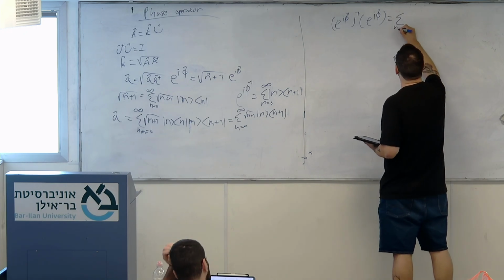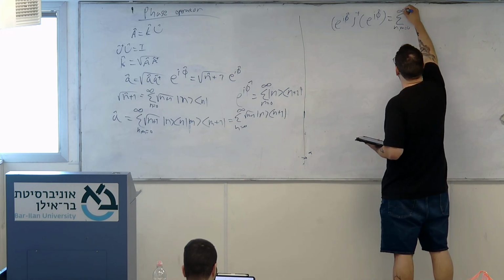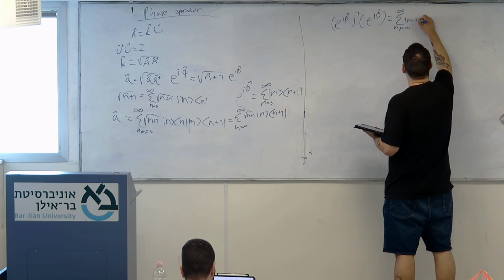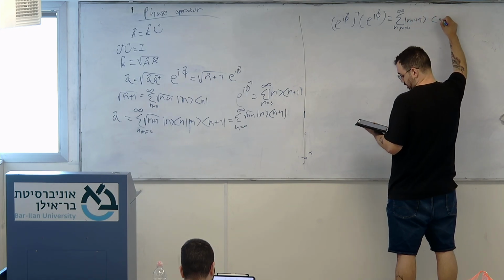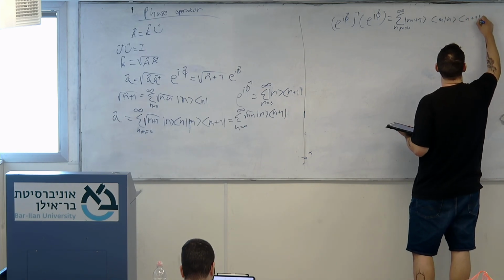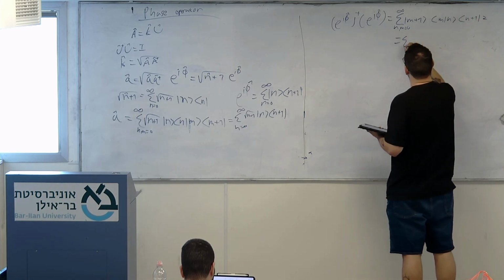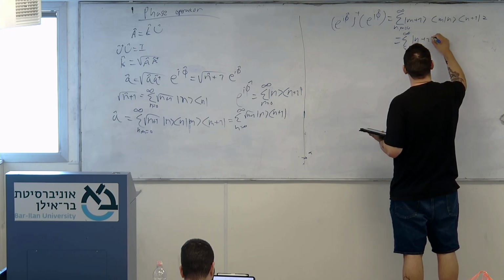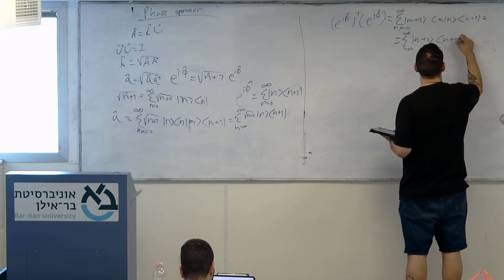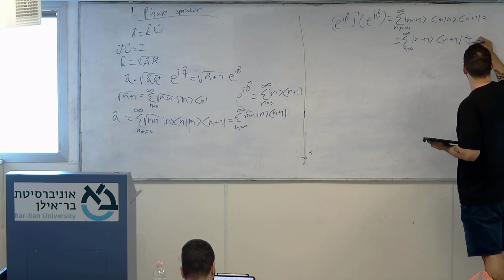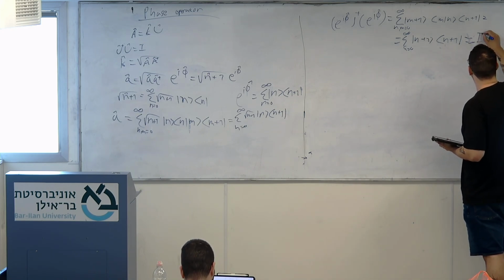We'll have the sum from n equals 0 to infinity of n plus 1, m, n plus 1, which should be equal to the sum over n equals 0 to infinity of n plus 1, n plus 1, which is not equal to the identity, it misses the 0, 0 term.